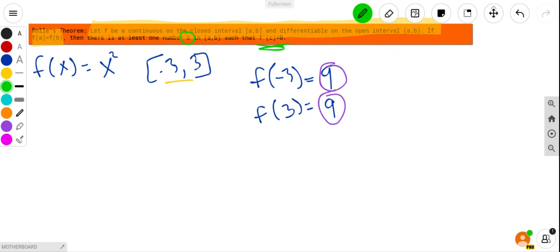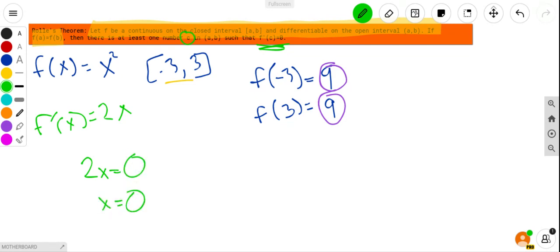Okay, so f of x is x squared, so f prime of x would equal 2x. And I want 2x to equal 0. Okay, well that means that x has to be 0. And if you notice, this number that I was looking for, this value of x, is in this interval.